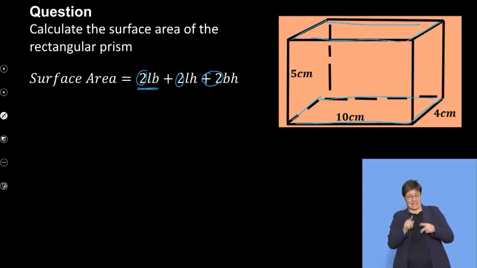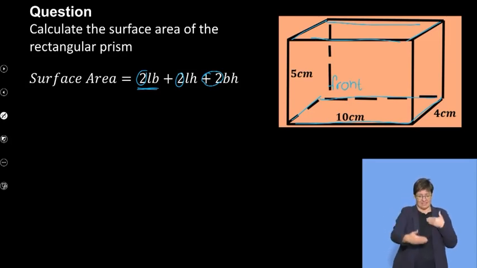Then where we have 2 times length times height, this is accounting for the front rectangle as well as the back rectangle. So I'm taking 2 times the area that represents the front rectangle as well as the back rectangle.